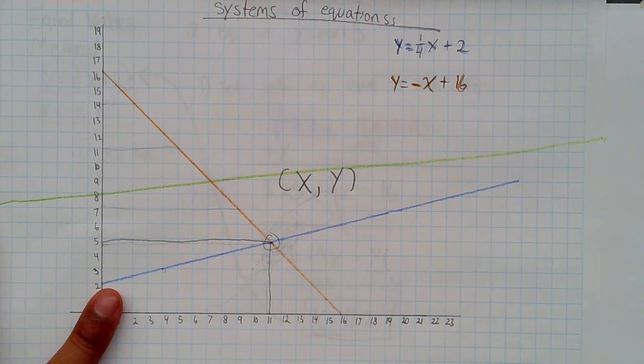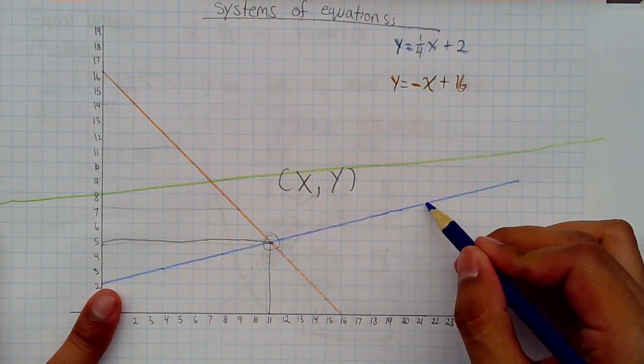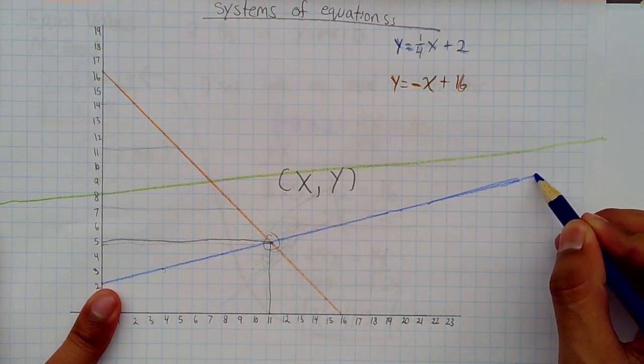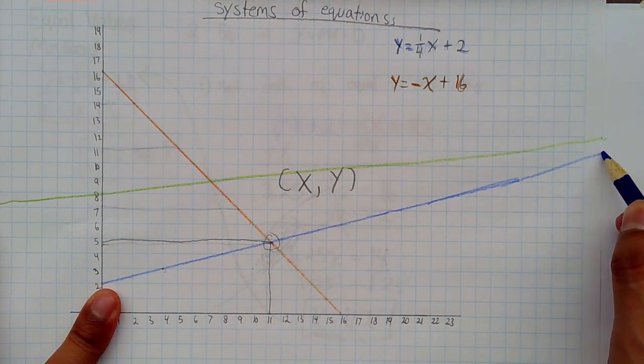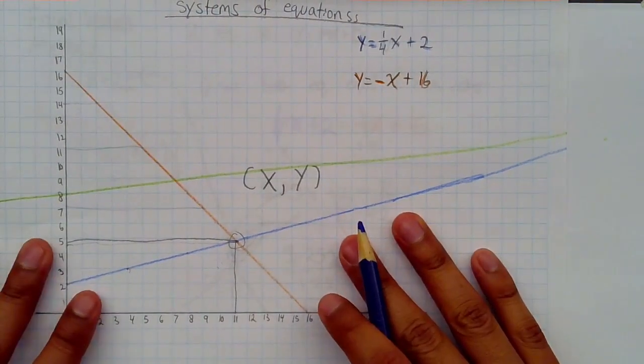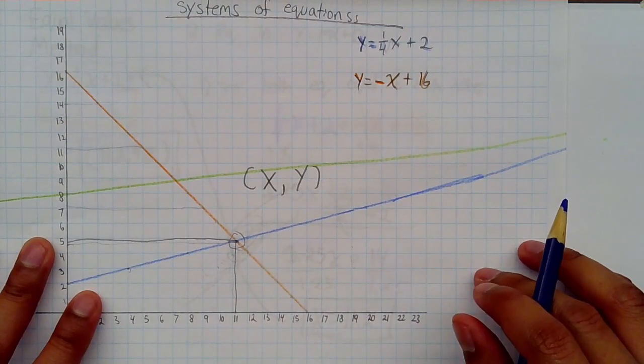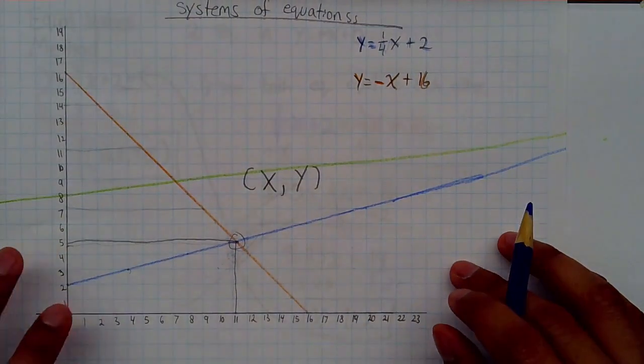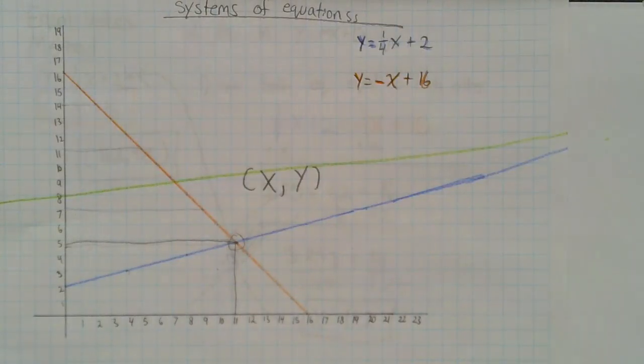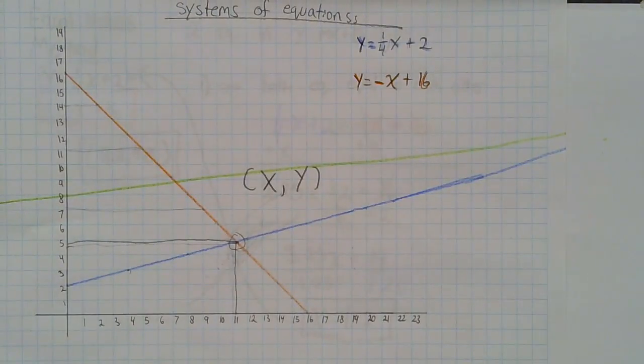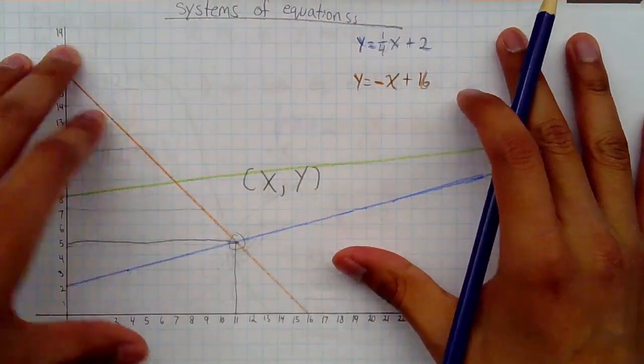Well, if I wanted to find out where it intersects with the blue line, if I had enough space, I can draw it out to infinity, but if I run out of space, then that sucks. Like I can't. Oh, come on. Where was I? I don't even know.